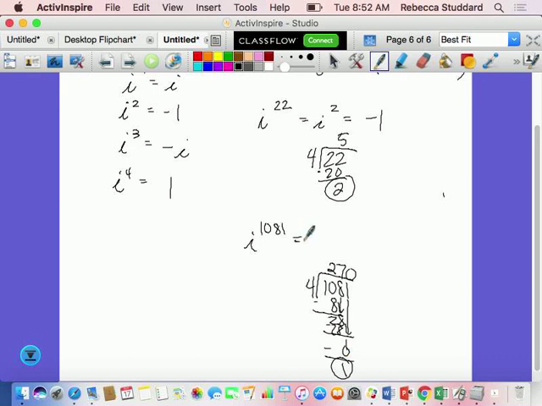So that tells me that this is the same as i to the 1, which is i. So this is method 2. You divide by 4 and you look at the remainder.